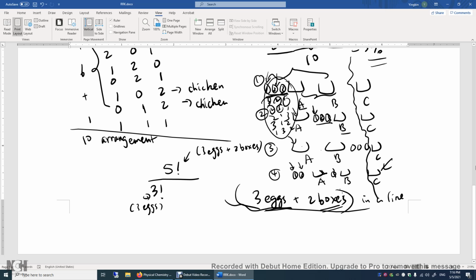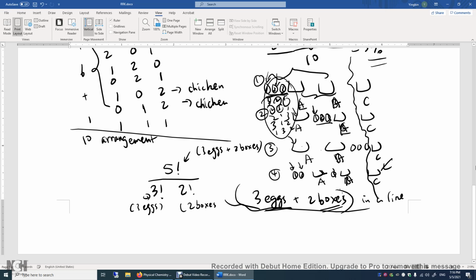So let's say A gets 2 quanta, B gets 0, versus A gets 0, B gets 2. It's the same to us. So why don't we just say this B is actually A. I don't care whether it's A or B. A and B are just both A's. So I'm going to have to divide by 2 factorial as well.